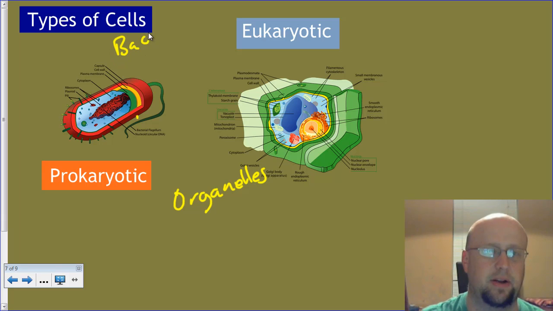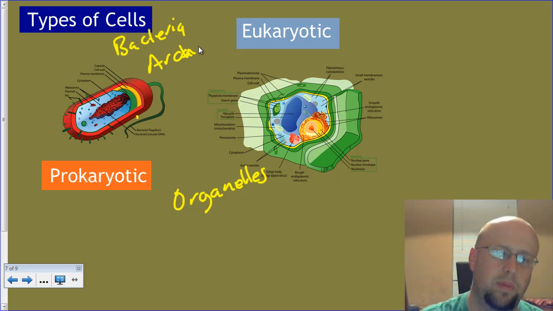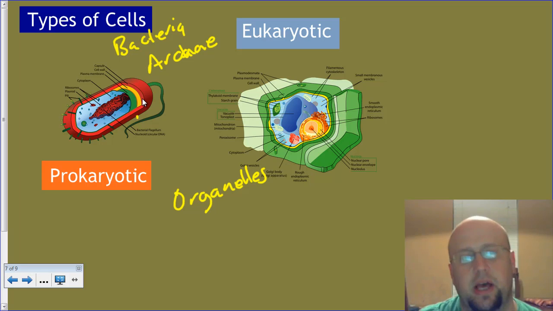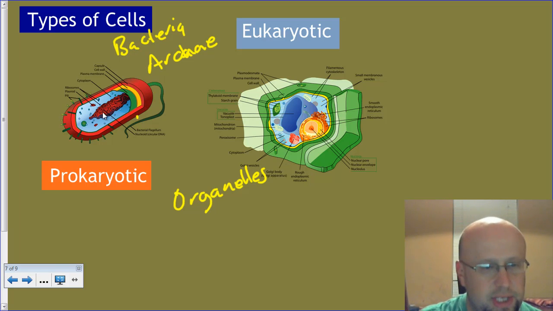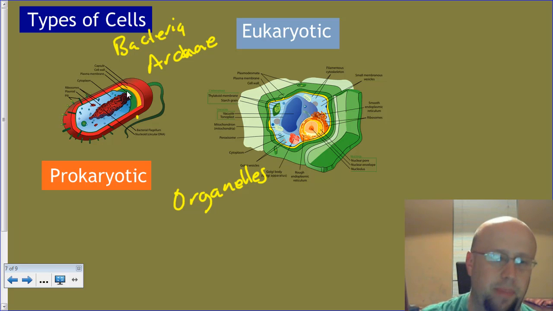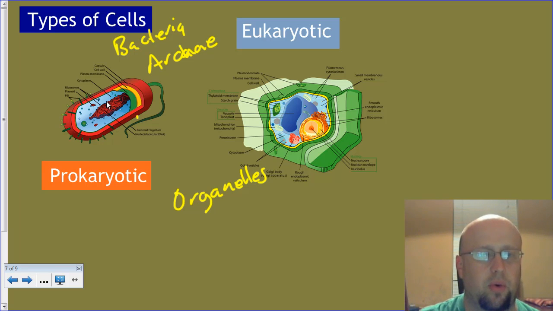So we got bacteria, okay, and archaea. Whoops, totally spelled that wrong. Okay, and bacteria and archaea, they don't have a nucleus in their cell, and they don't really have well-defined organelles. They've got some little different bits within them, but they're not really organelles. They're very, I don't want to say disorganized, but they're not organized in the strict organelle way of a eukaryotic cell.